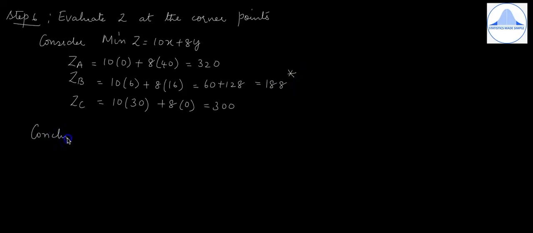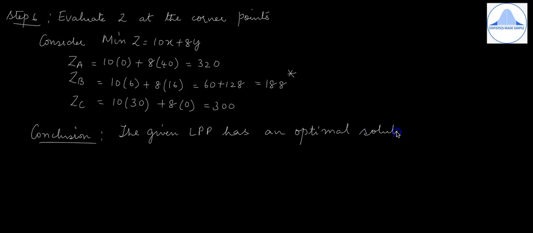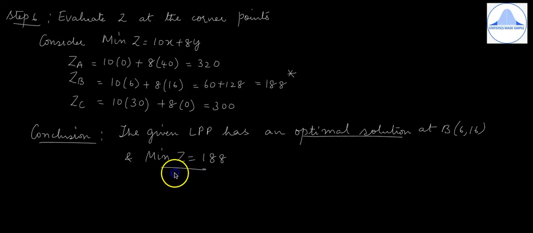So next, write the last step, which is the conclusion. So conclusion is the given LPP has an optimal solution at, you should write the point B 6, 16, and the minimum value of Z is equal to 188.